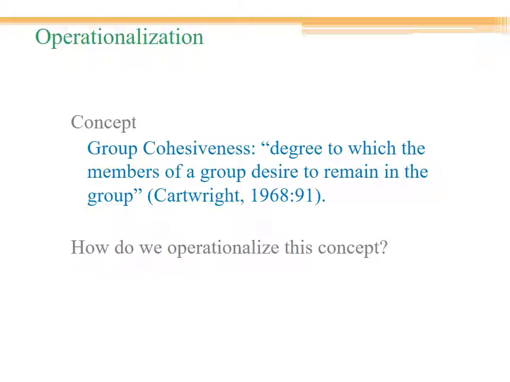He conceptualizes group cohesiveness as the degree to which the members of a group desire to remain in the group. A cohesive group is one that sticks together, one whose members are bonded to one another and to the group as a whole. So we have the concept, we've defined it, but how do we operationalize this concept? How do we measure it?